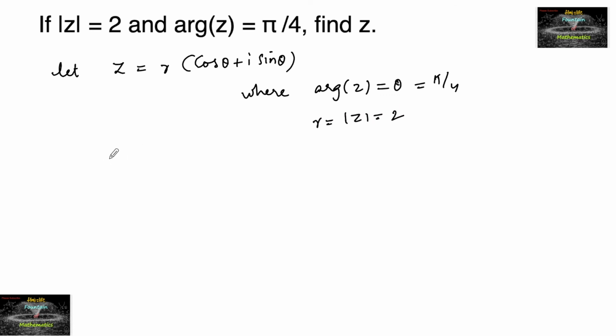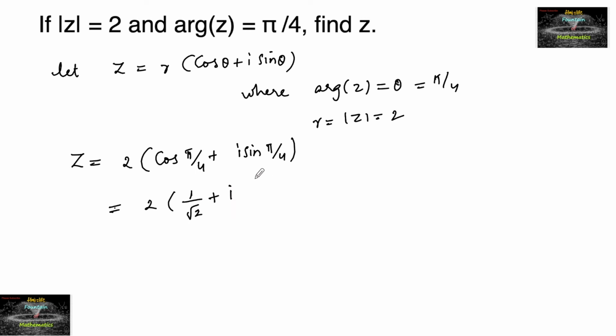So let us substitute here: z = 2 times (cos pi by 4 + i sin pi by 4), that is 2 times (1 by root 2 + i times 1 by root 2).